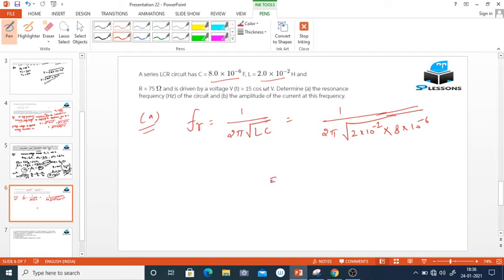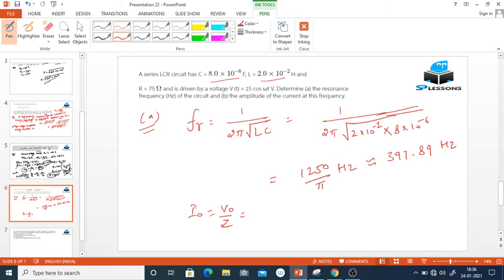Okay, we can solve this and get 1250 upon pi hertz, which is approximately equal to 397.89 hertz.